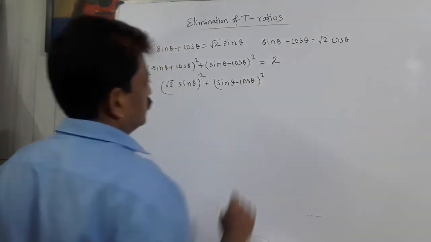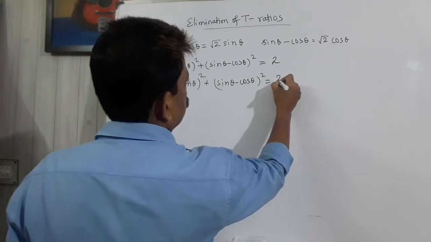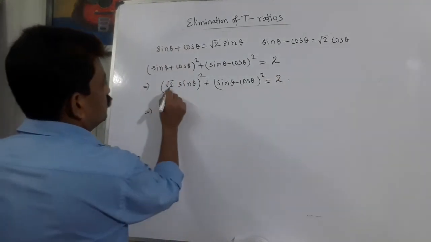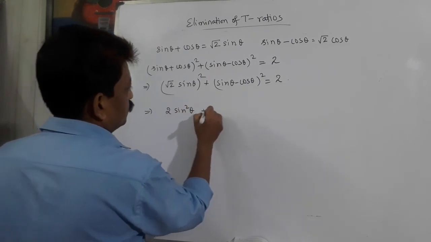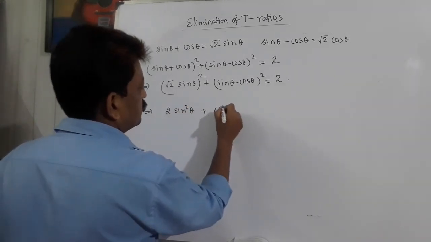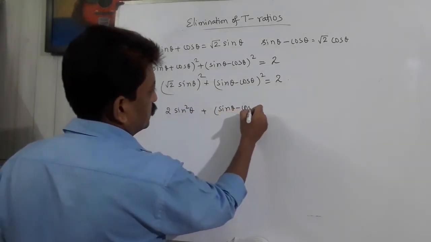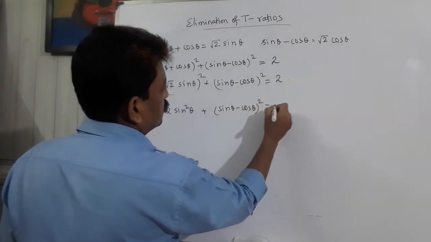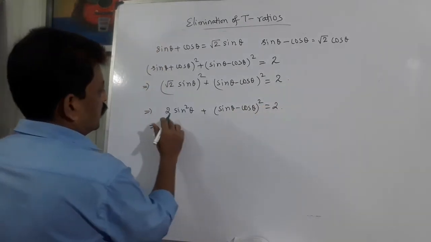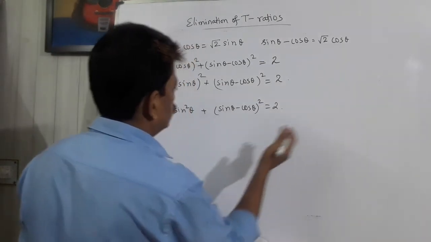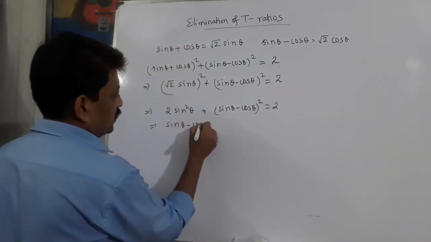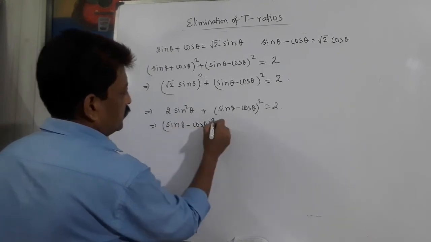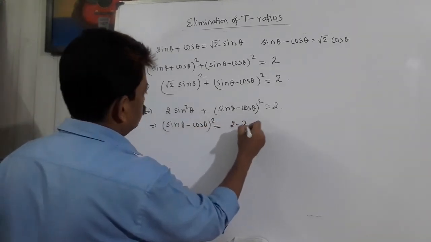Sin theta minus cos theta whole square plus 2 sin square theta equals 2, it will remain as it is. Now this 2 sin square theta will go to the other side. So sin theta minus cos theta whole square is equal to 2 minus 2 sin square theta.